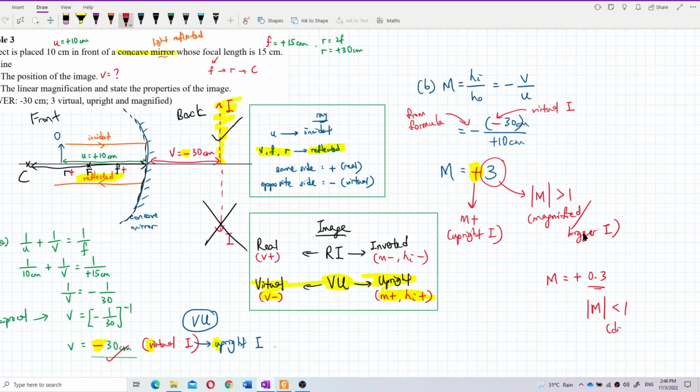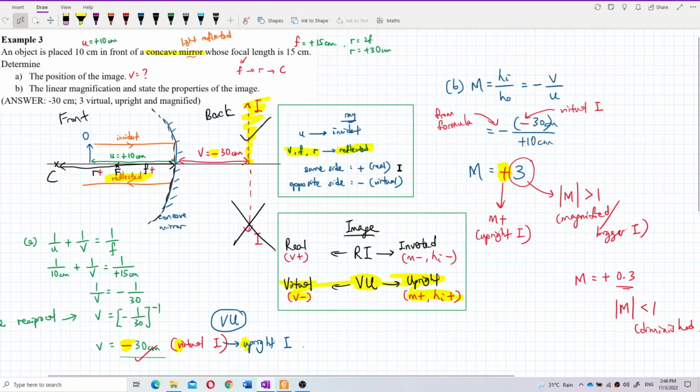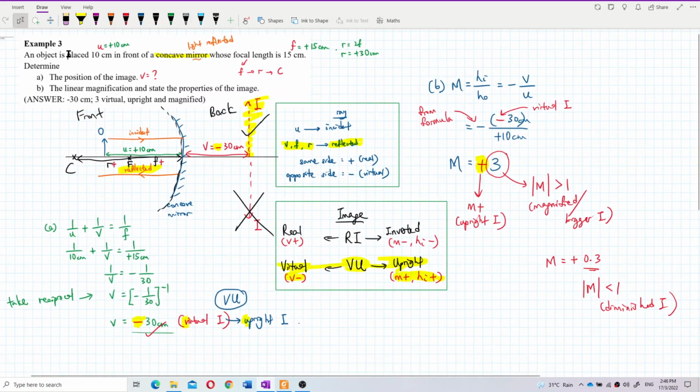Understand? So this is a magnified image because the value is more than 1. Bigger image.